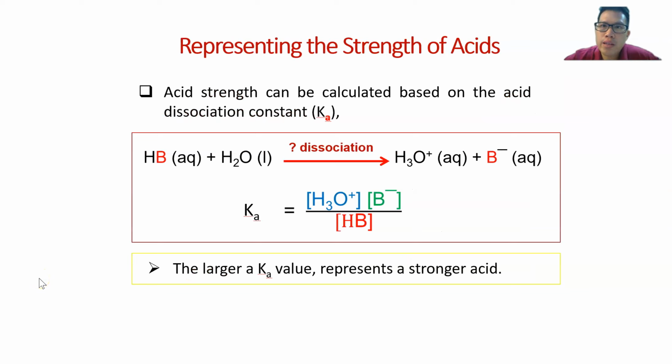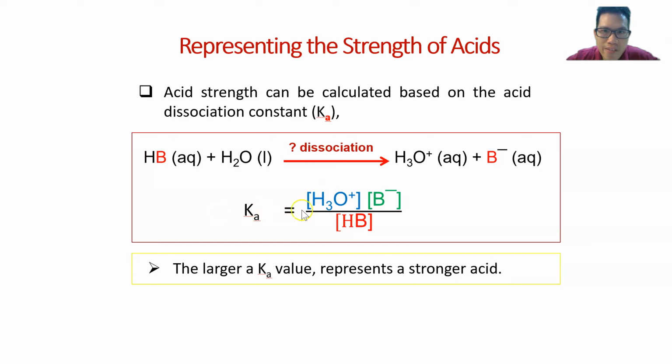How you can represent the strength of an acid is using what we call the dissociation constant, the Ka value. How do you calculate the Ka value? Ka equals the concentration of this and this divided by the concentration of this. The bracket here means concentration, by the way.